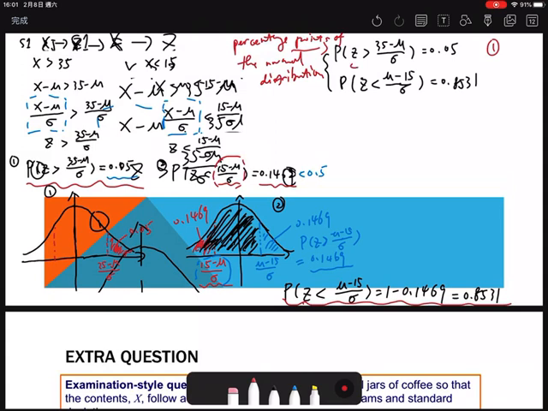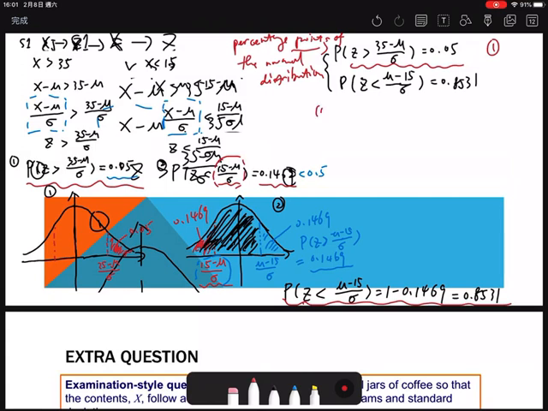From the percentage points of the normal distribution, we can get that when the probability is 0.05, the corresponding value of small z is 1.6449.